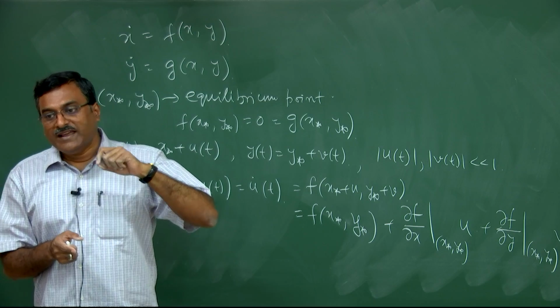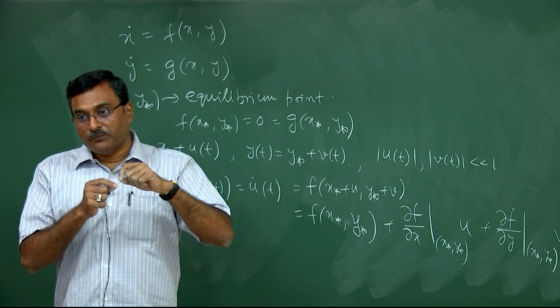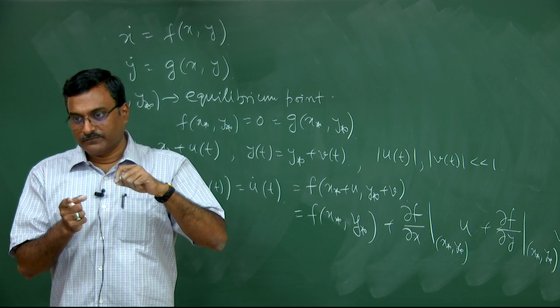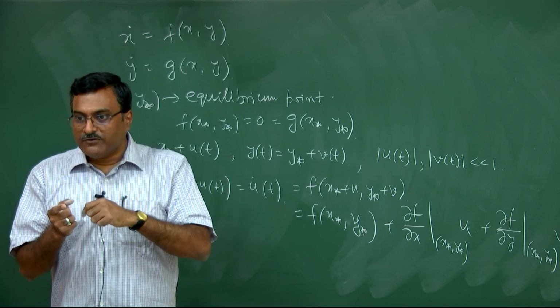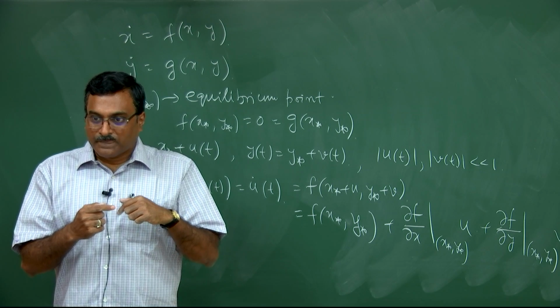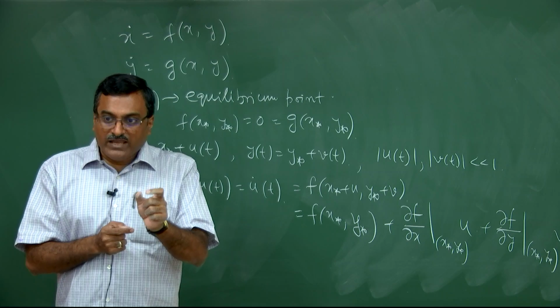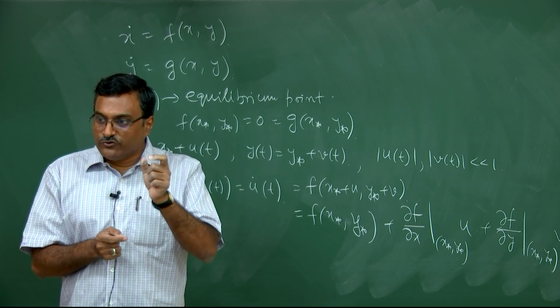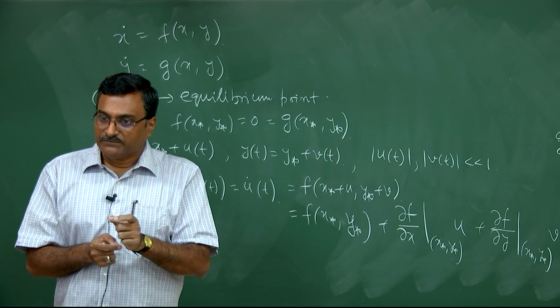So you can clearly understand that if both the eigenvalues are negative or both the eigenvalues have negative real part, then u(t) and v(t) will approach 0 as t tends to infinity.